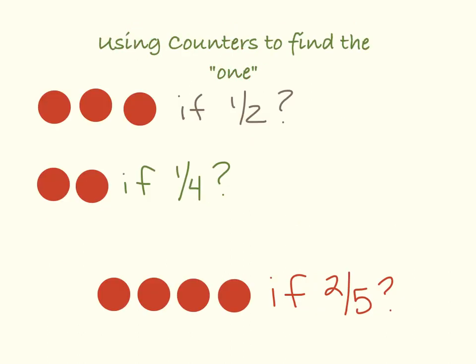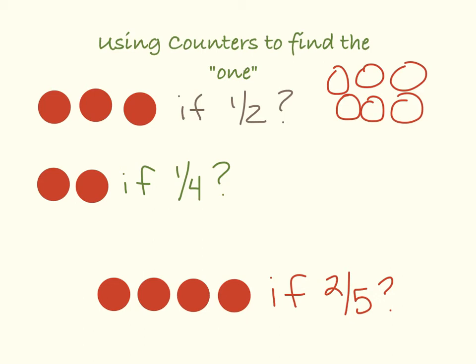So what if we were to use counters to find the one? So let's say those 3 circles are half. What would be my whole? Well, my whole would be 6 circles, right? Because if 3 of them were half, 6 of them would be a whole.